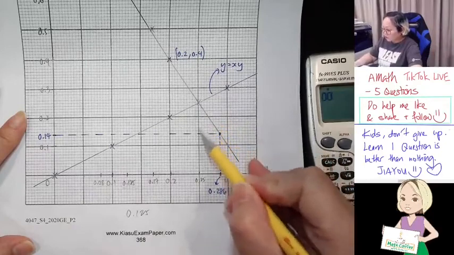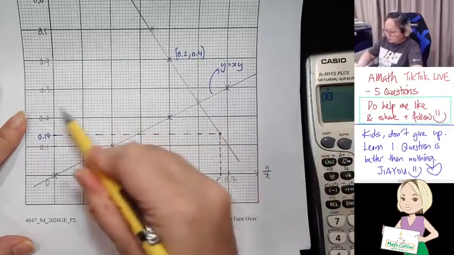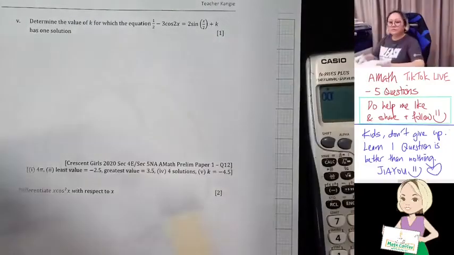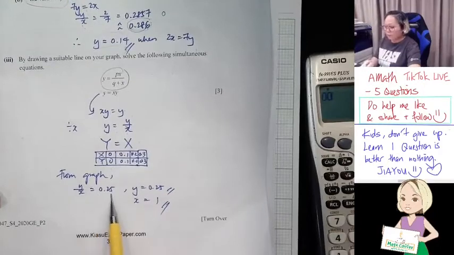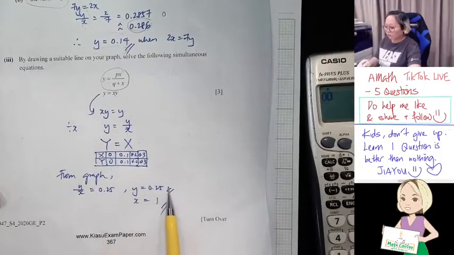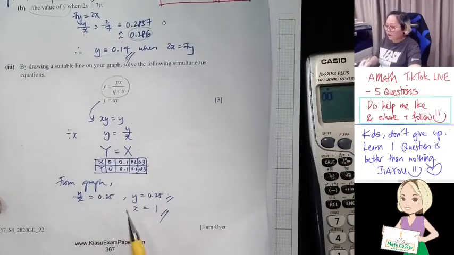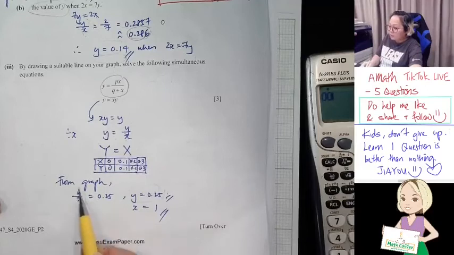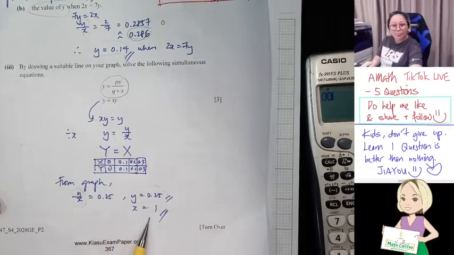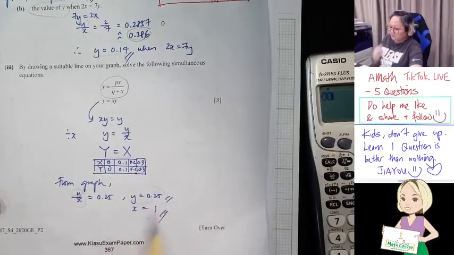You can see it is 0.25 and 0.25. So back to the question, from the graph, y over x equals 0.25, and y is 0.25. So when they ask you to solve, of course, you have to tell me what is the x and what is the y, right? Because my y is 0.25, y over x means 0.25 divided by x equals 0.25. So my x is 1. So this is the answer.